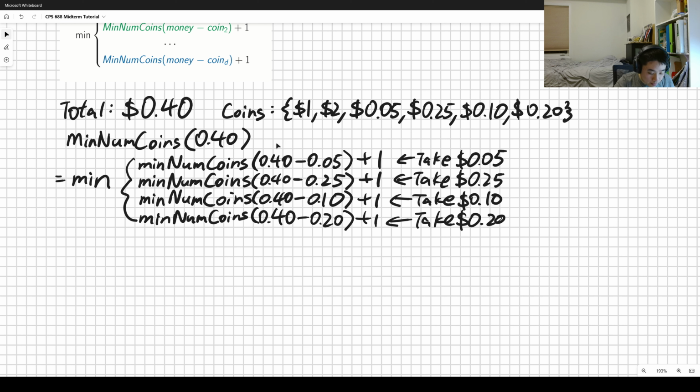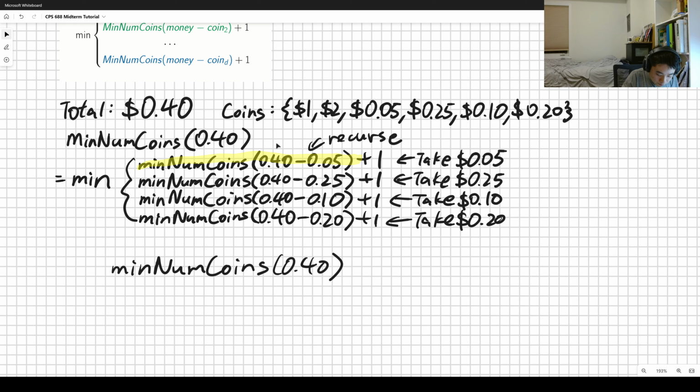So basically, this is a recursive call, and the way we are gonna call this is minimum number of coins is that we start at 40, and then this will split into four recursive calls.